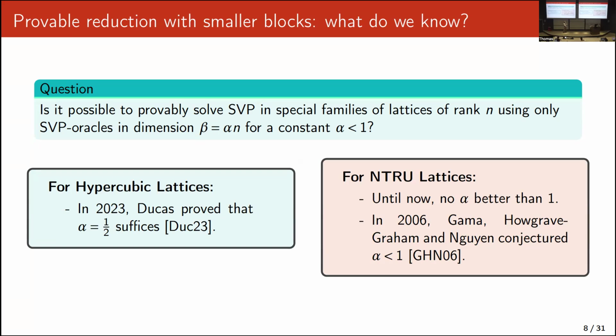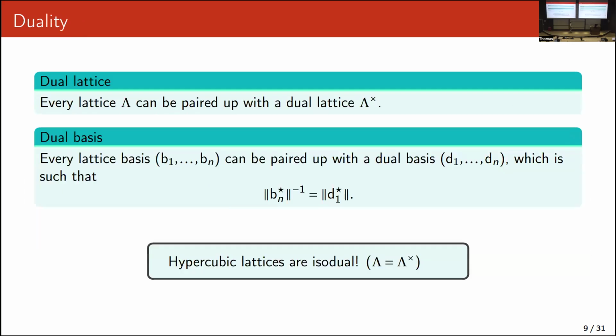Recently, as I was saying, Ducas proved that alpha equals 1/2 is enough. However, for NTRU lattices, until now, no alpha better than 1 was known, but it was conjectured almost 20 years ago by Gama, Howgrave-Graham, and Nguyen that alpha strictly less than 1 should be possible. All right, so another tool I need is duality.